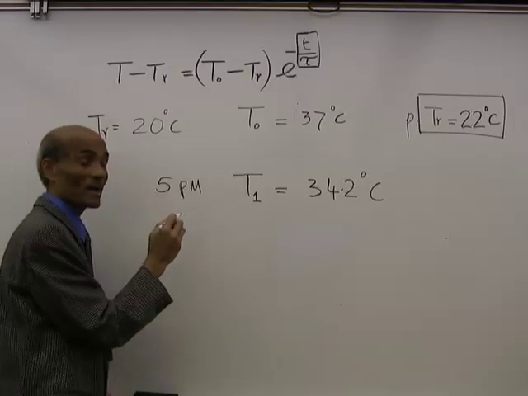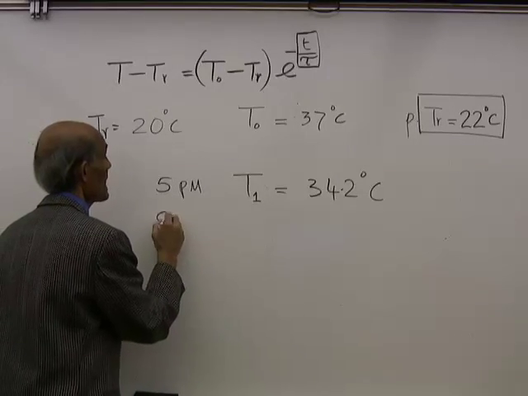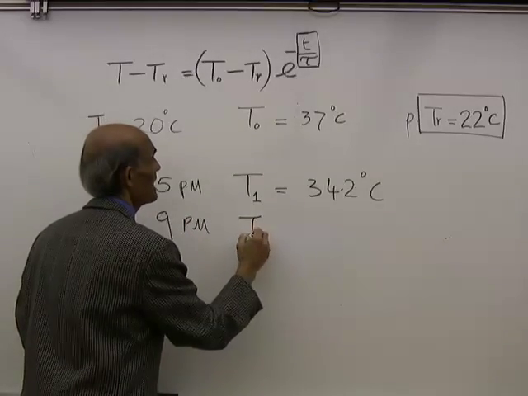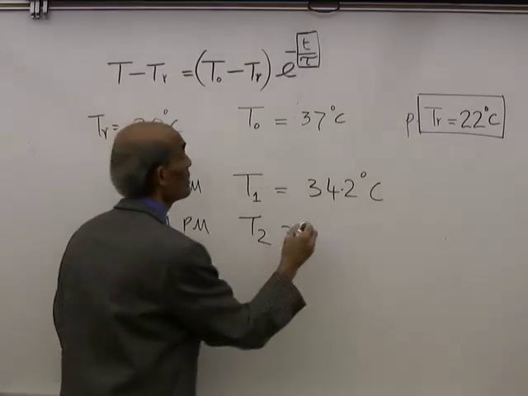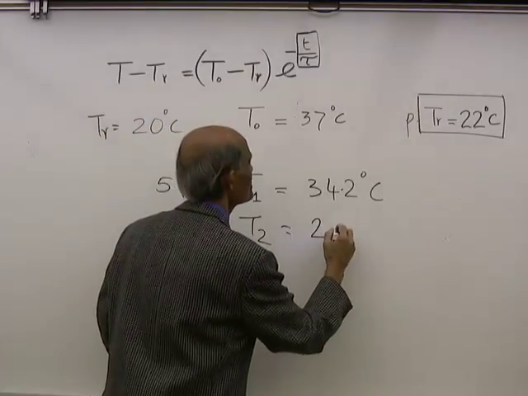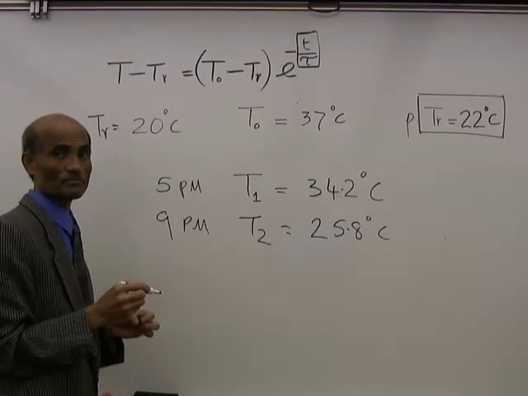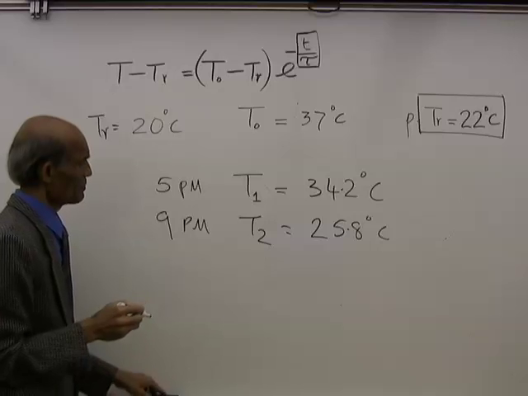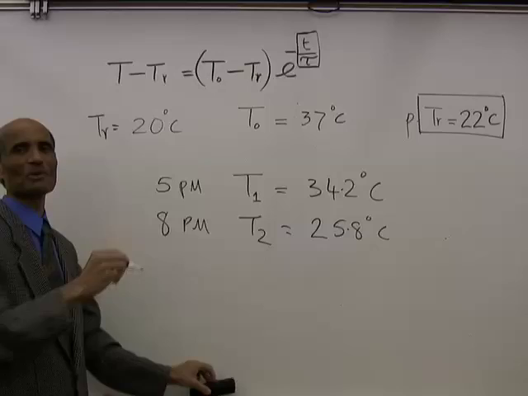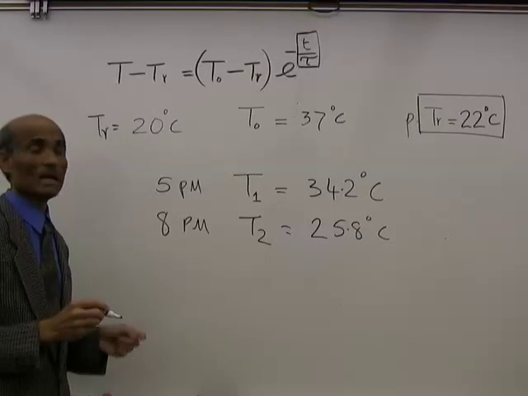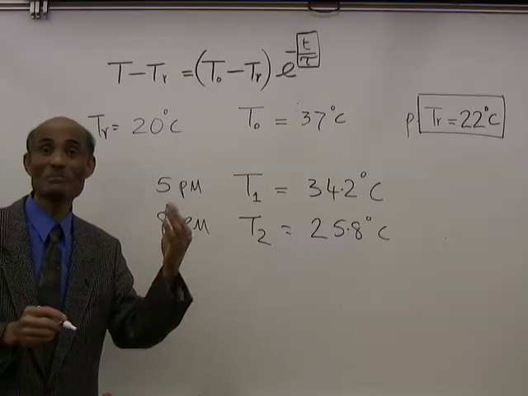Now, they came back later and measured the temperature again, and they found it was 25.8 degrees Celsius. Well, let's not give that much time. They came at 8 p.m., 3 hours later. Okay? Now, can you use these two data to find the time of death?